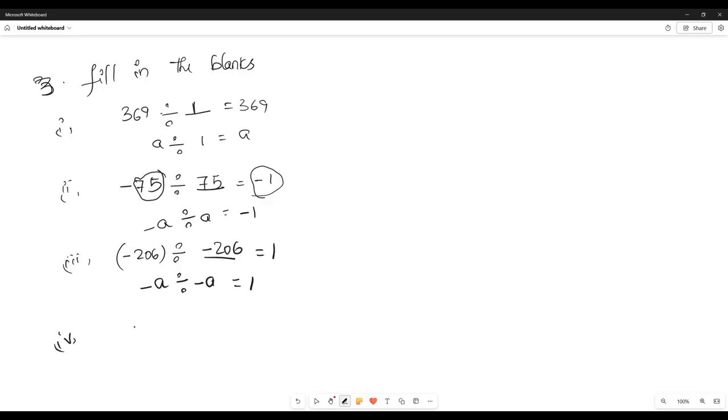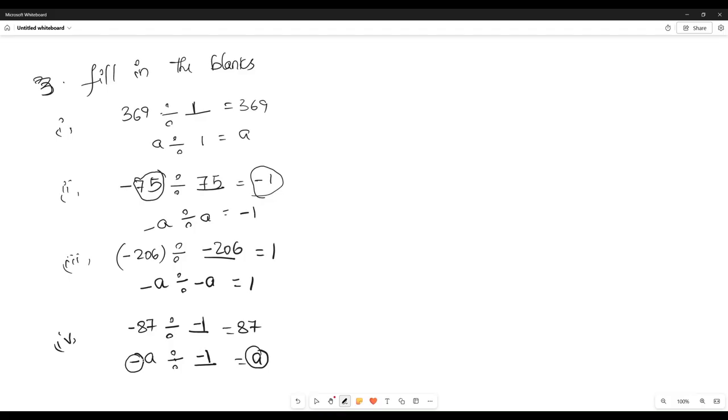In the fourth question, minus 87 divided by dash gives 87, which is like minus A divided by dash equals A. Here we have to get plus A. It is a negative, so we have to remove the negative sign. The negative is removed only when the numerator and denominator have the same sign. So the answer is minus 1.